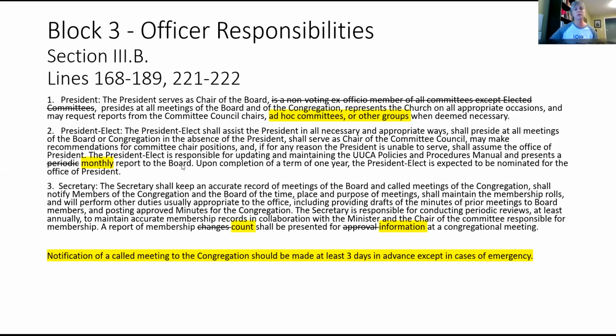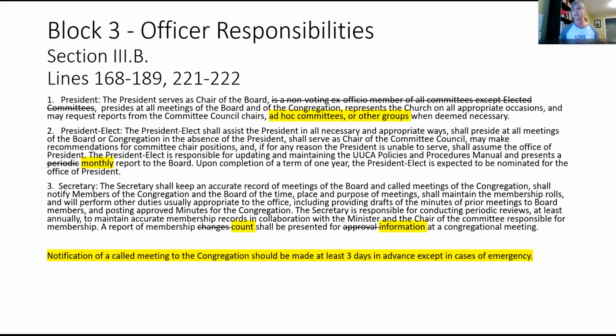Over the last year, we've been trying to get together a better process where we have liaisons to the board and we spread that workload out across the board. You'll see that come up later in the bylaws as well. While we are asking that the board president be removed from a commitment to every committee, we'll also be asking you to approve that there is a board liaison to every committee, just not necessarily the president.